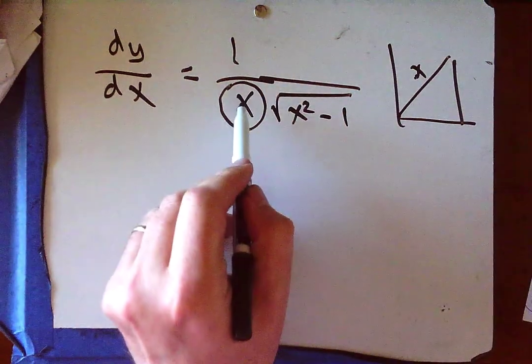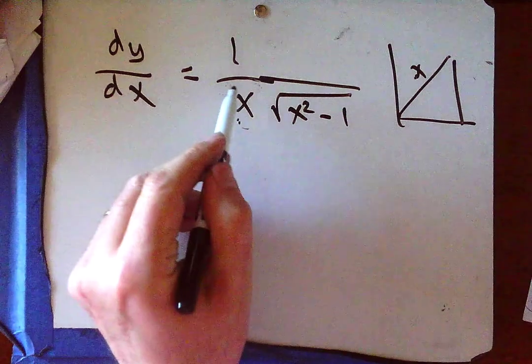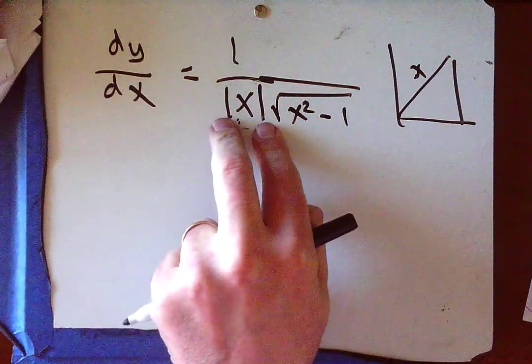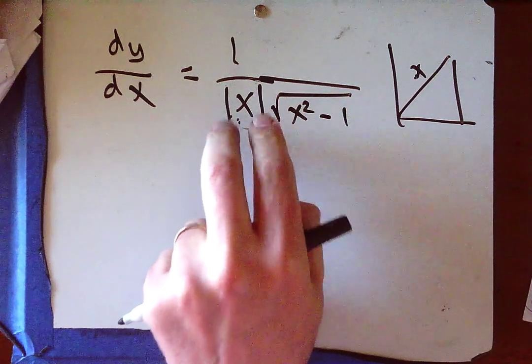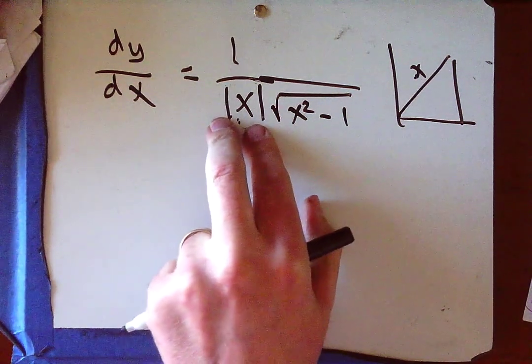No, this can never be negative. And because of that, we need that. And I can't tell you how many people blow derivatives with these because they leave that off, okay? So be mindful of that.